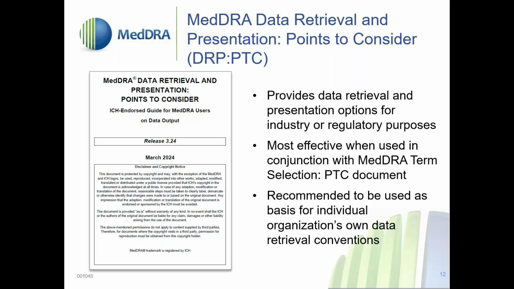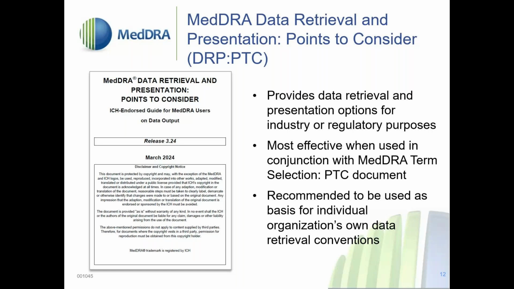This is a snapshot of the front cover of the full PTC document. It is the latest version, which was released in March 2024. You will soon get the next version, March 2025. This document provides guidance for retrieval and presentation options.